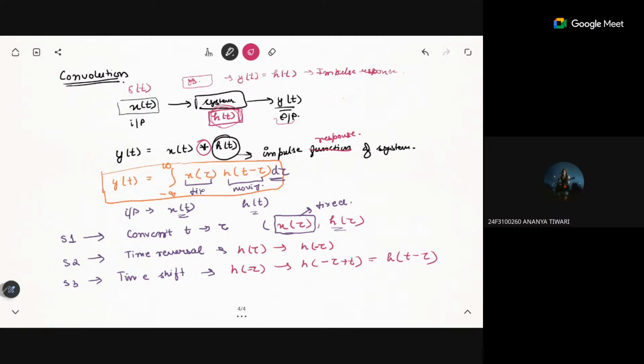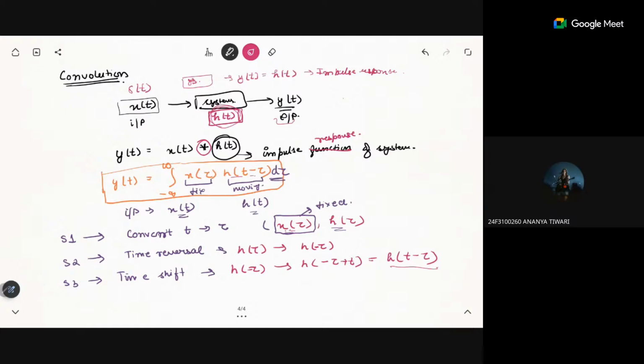Now we have this term h of t minus tau. We have also transformed x of t to x of tau, just changing the variable, nothing else. So now we are good to go with the integration part.